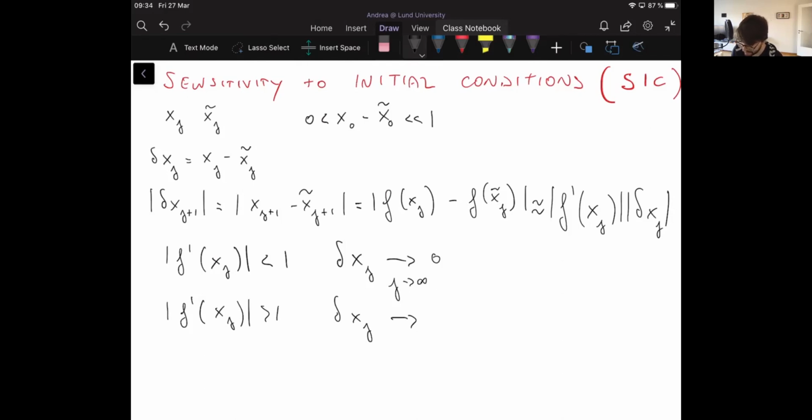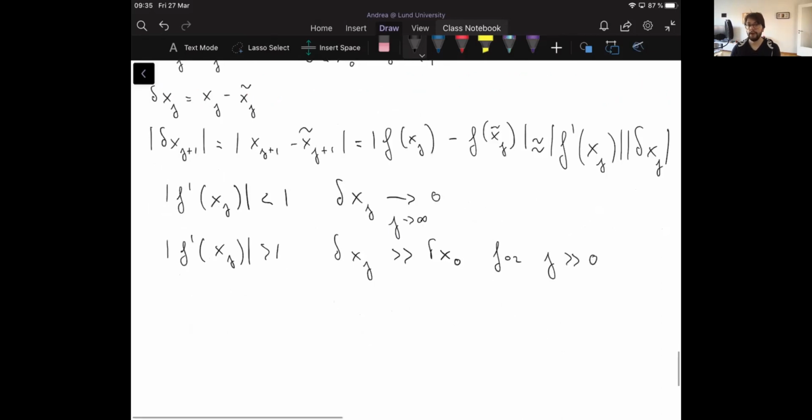Let's write it like this, because I don't want to write infinity, because I defined x as between 0 and 1. So the xj will grow much larger than x0 for big j's. So the more I iterate, the more these two solutions will diverge.